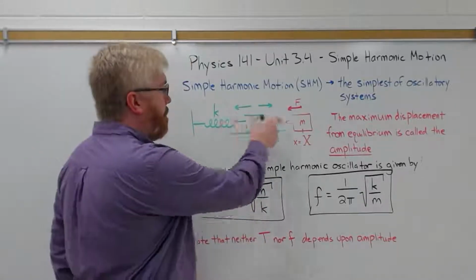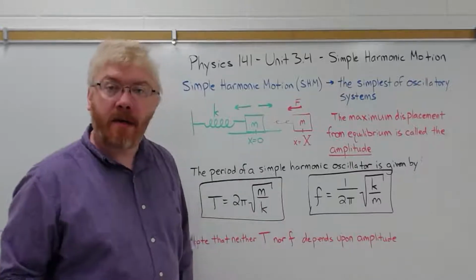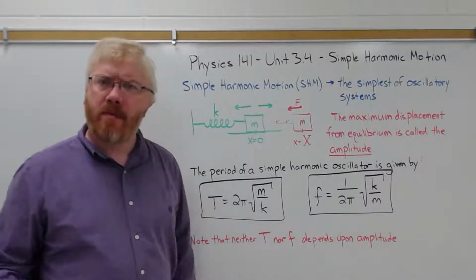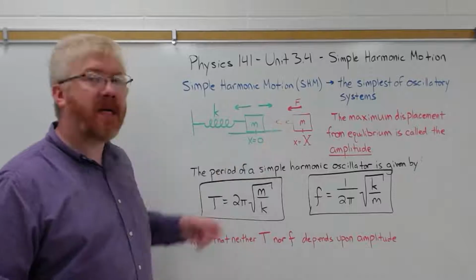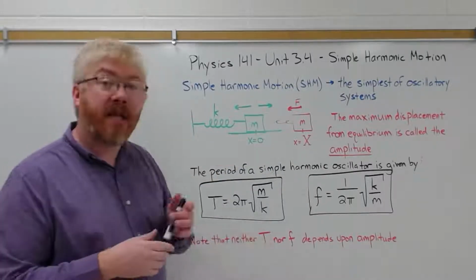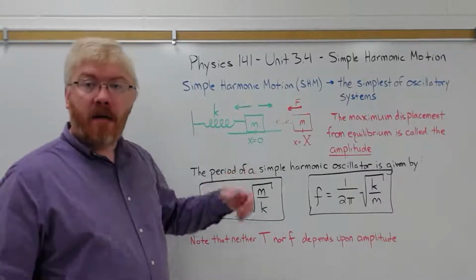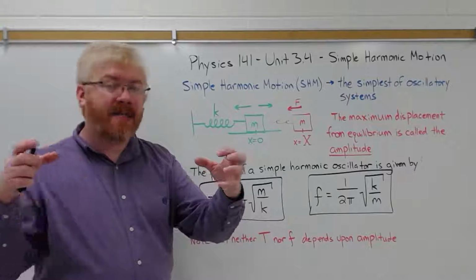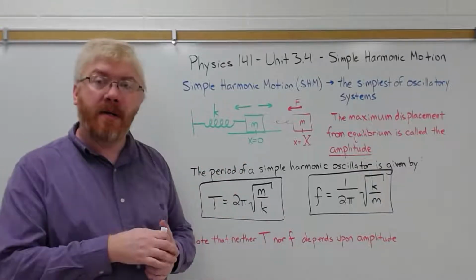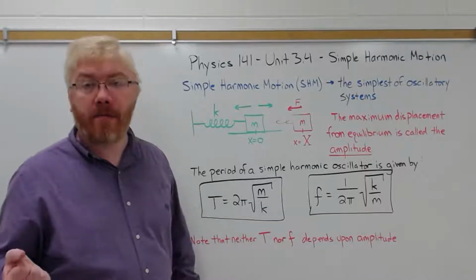This motion, back and forth, is periodic. So what is the period? How long does it take to complete one oscillation? Well, there are two factors we have to worry about, potentially three. It depends on how stiff the spring is. If the spring is really flimsy and weak, it's not going to provide much force to the system, so the system will be slower.